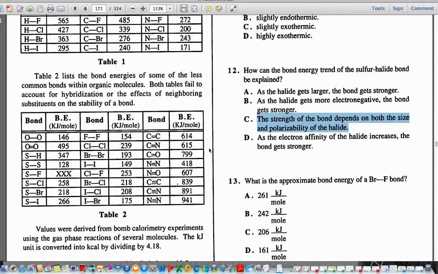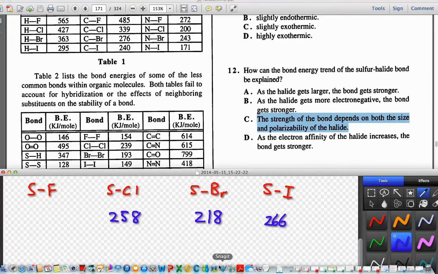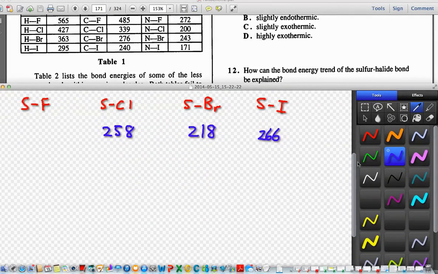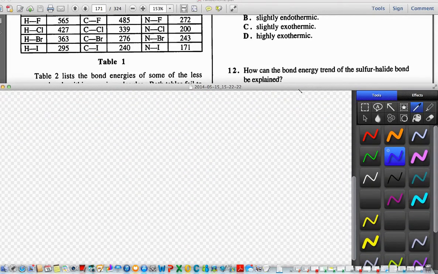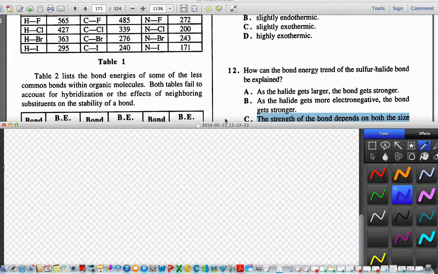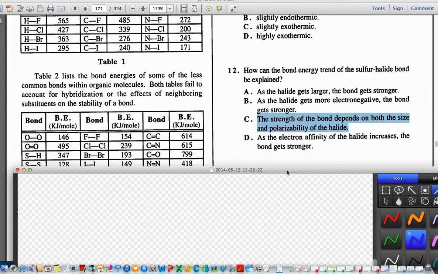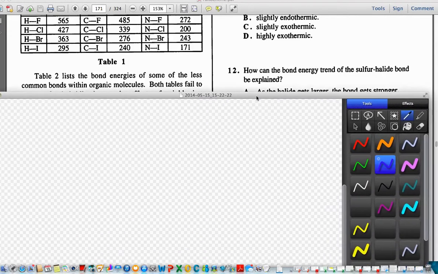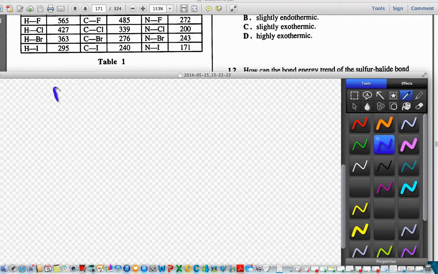Quite simply, you've got to look at a pattern. What do we know from the data? We know we're trying to find a BrF bond.